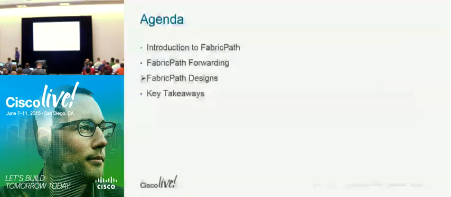So FabricPath designs. By now we've finished all of the control plane and data plane components, and how states get established in unicast, how we drive multicast, and how the control plane interoperates with the data plane in FabricPath. Now I'd like to spend some time to talk about FabricPath designs and what our customers are doing in their data centers.